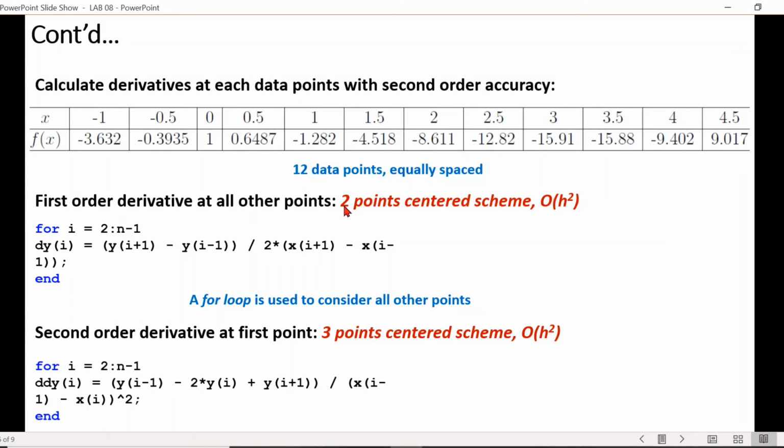For example, we should begin the loop from second data point that will end at the second last data point, which is n-1. You can see that for these points we do not need forward or backward method to ensure second order accuracy. Instead, we use 2-point center method for the first derivative and 3-point center method for the second derivative.